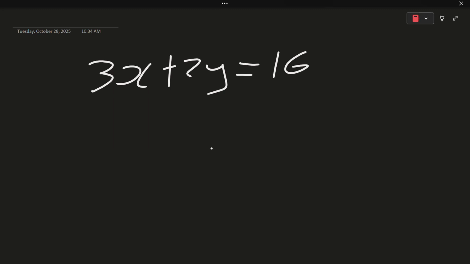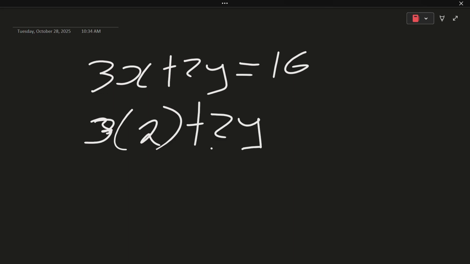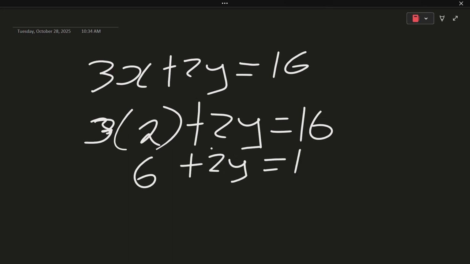So on the x variable, we are now putting 2, that's the value of x, plus 2y equal to 16. So this becomes 6 plus 2y equal to 16.